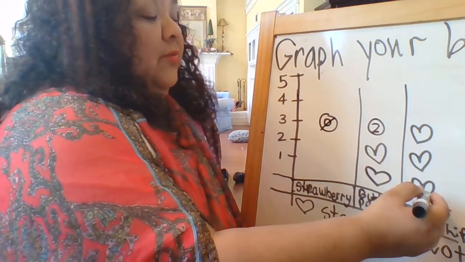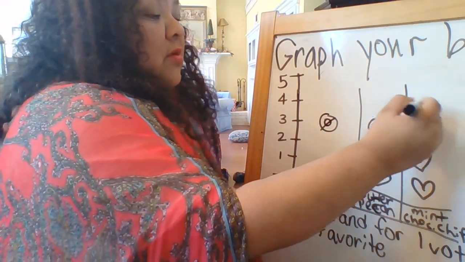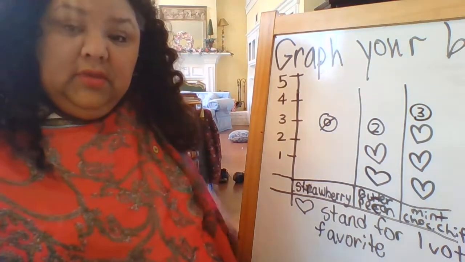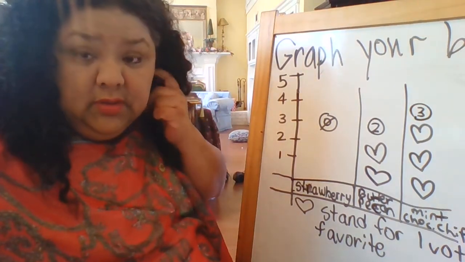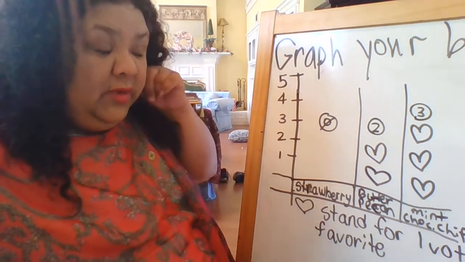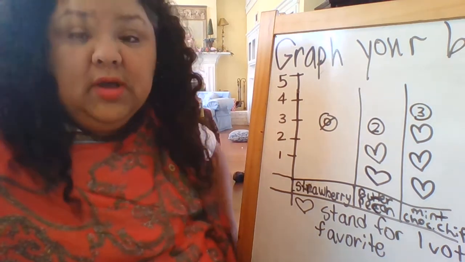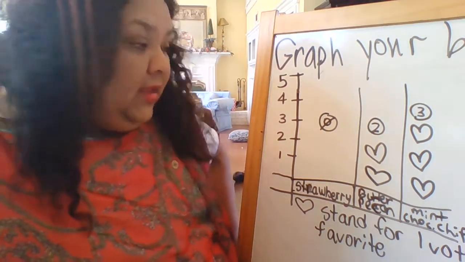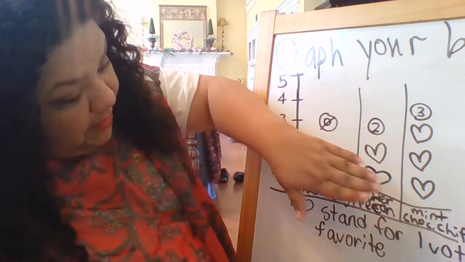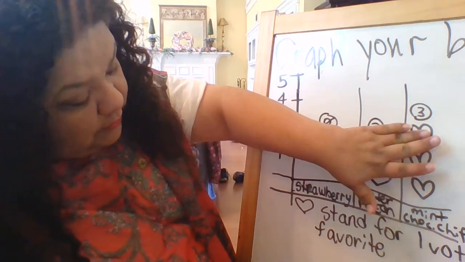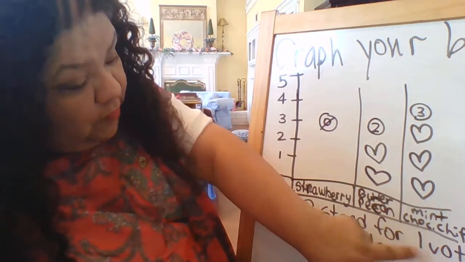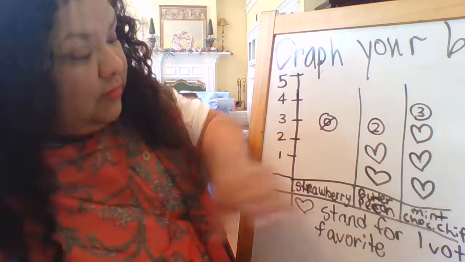And mint chocolate has 1, 2, 3. So which number is bigger? Yes, 3. So we know that mint chocolate chip was the most popular. And our data shows us that because we have 3 votes, which is the heart stands for 1 vote. We have 1, 2, 3 votes.